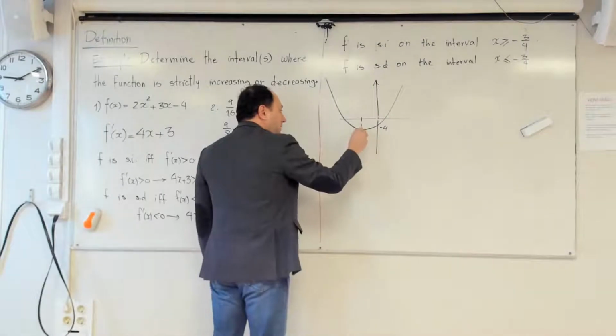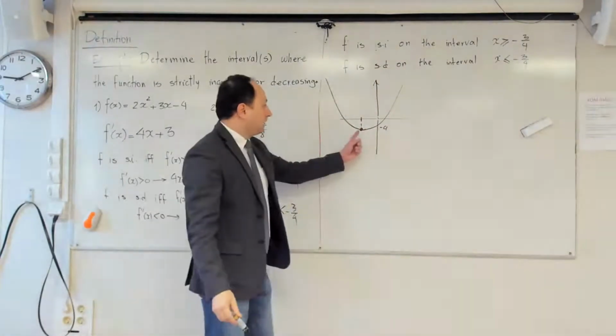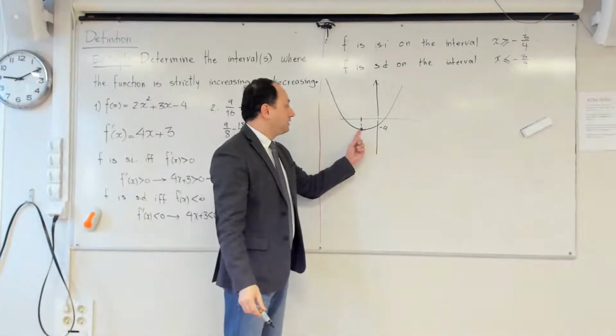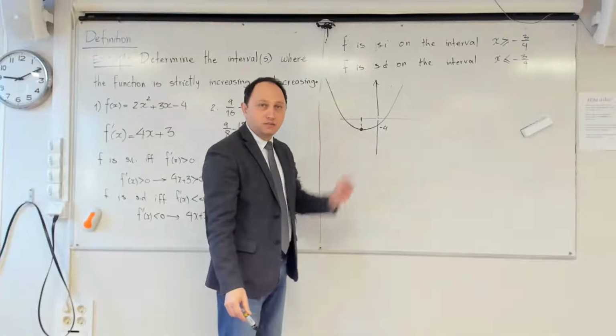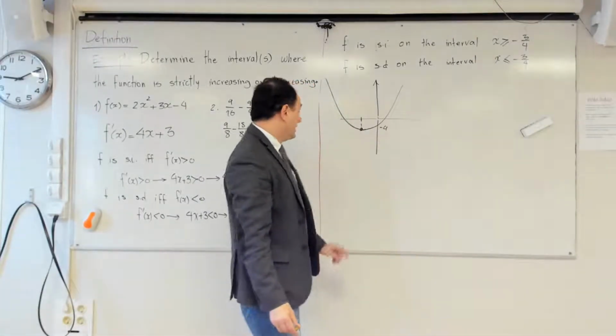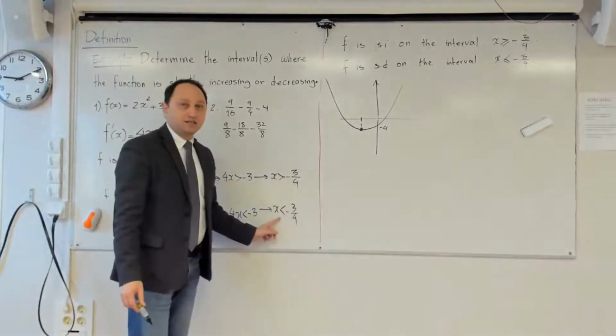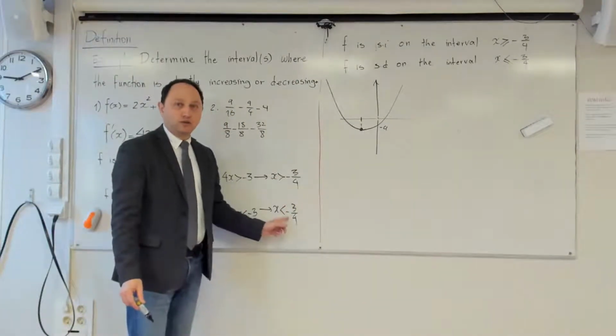The reason that I am including this both on the left and on the right is because I told you that increasing or decreasing behavior is not for one single point. If I just write x greater than or equal to minus 3 over 4 and the other one, then people might ask what happens with one single point.